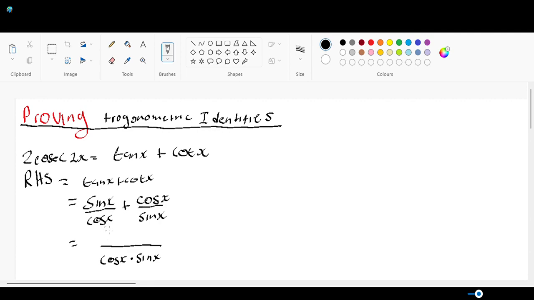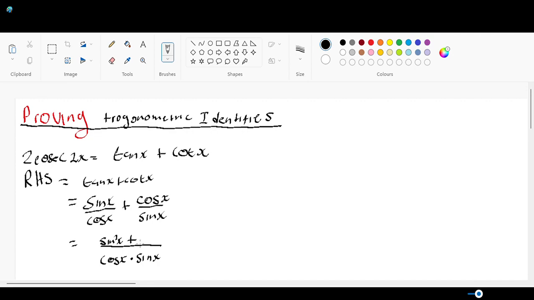Now let's continue. The next step is you divide our denominator, which is cos multiplied by sine, by the cos. So if you say cos multiplied by sine divided by cos, you'll be left with sine, and that sine multiplied by the sine on the numerator is going to give us sine squared.